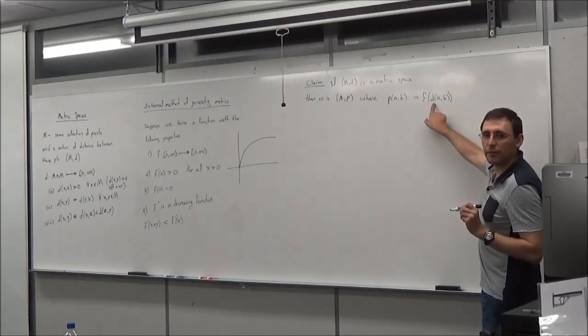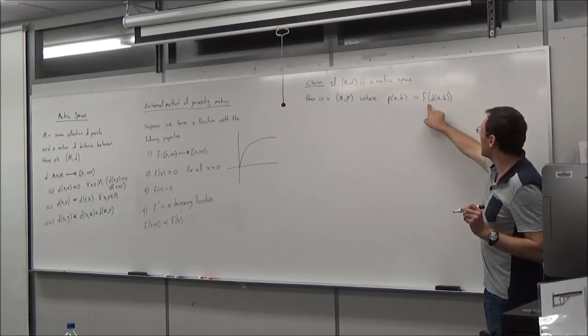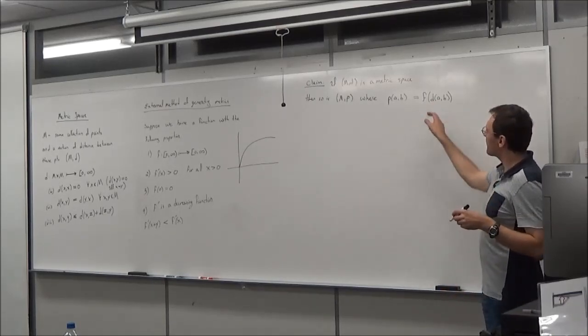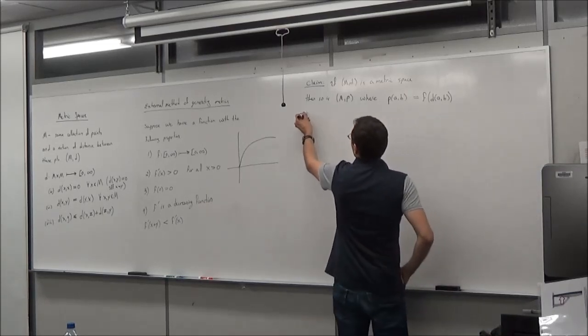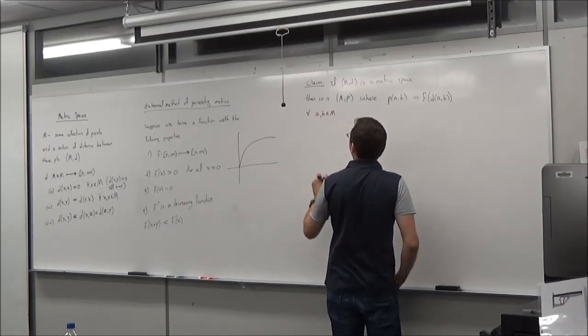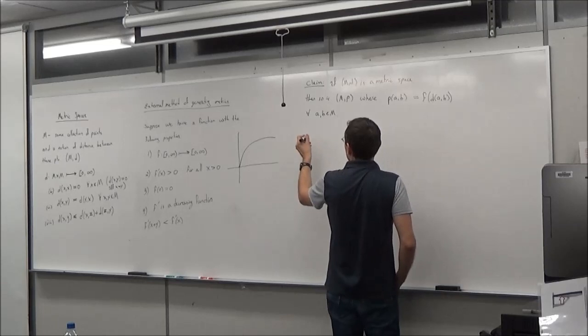Okay, so you see, before I updated inside of d, here I update outside of d. Again, that's why I call it external. Okay, and that's for all a, b in M. Now let's prove it.